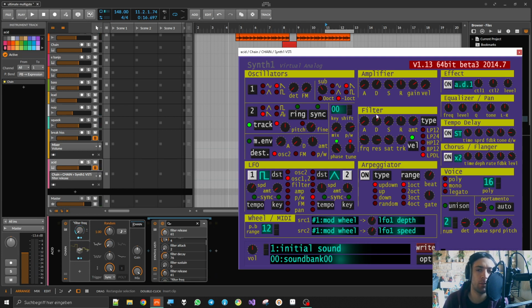As you can see, a bunch of parameters are modulated by a randomizer, or more like the randomizer modulates the macro that modulates the parameters, and that creates the acid sound.